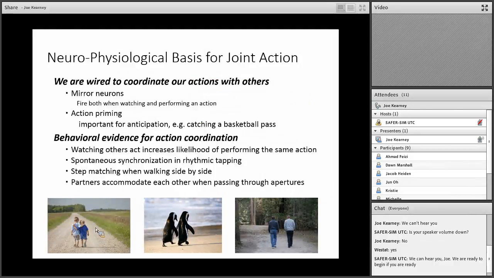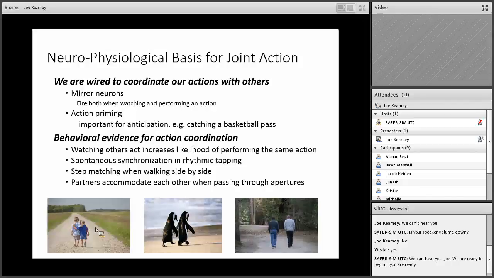So there's a lot of studies that have been conducted on joint action, both neurophysiological studies and behavioral studies. This research indicates that we're wired to coordinate our actions with others. There are mirror neurons in the prefrontal cortex that fire when both watching and performing an action and are thought to be important for imitation and learning how to mimic the actions of others.